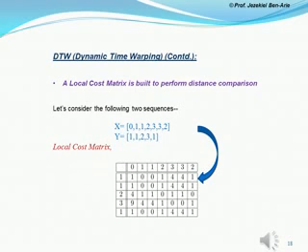The local cost matrix is simply found by calculating the corresponding Euclidean distance between samples. Each element of the local cost matrix corresponds to the distance between a sample of X that corresponds to the column and a sample of Y that corresponds to the row.